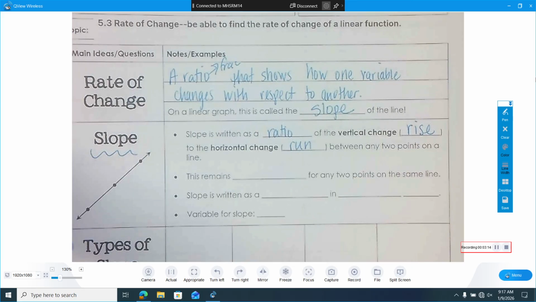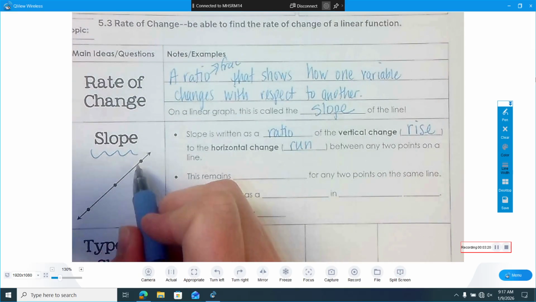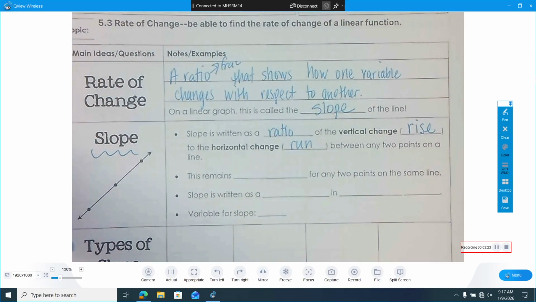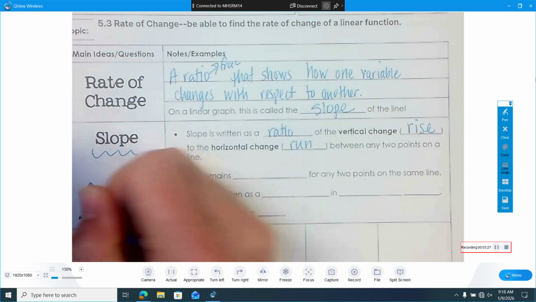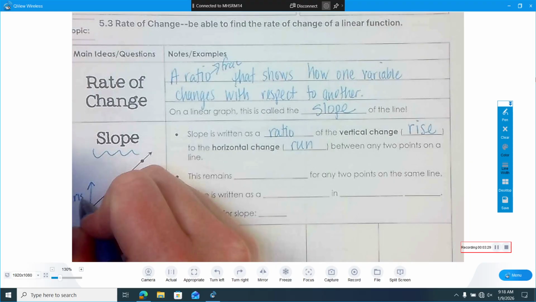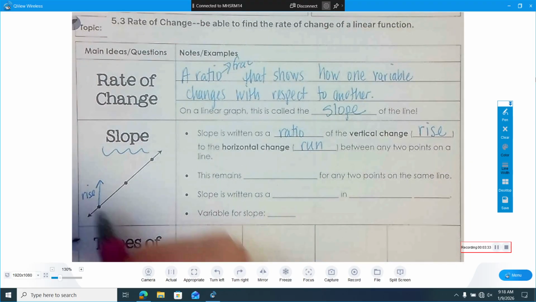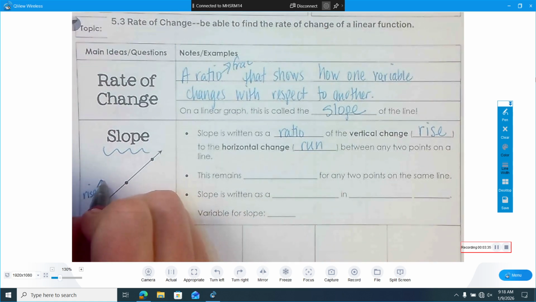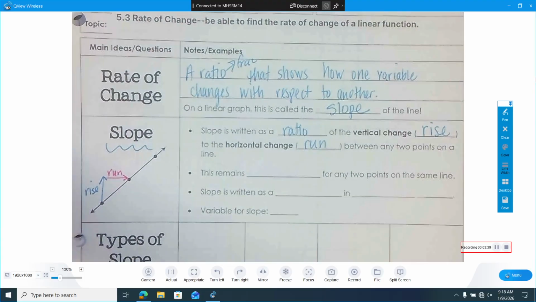We've got some points plotted on this line, and I want to know how much it's going up. This would be the rise. How much does it go up? And then how much does it go to the right? That's what we call the run.